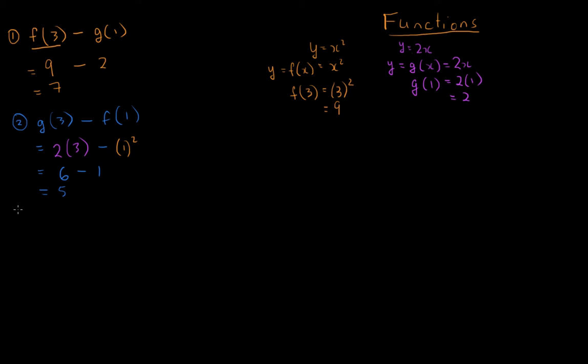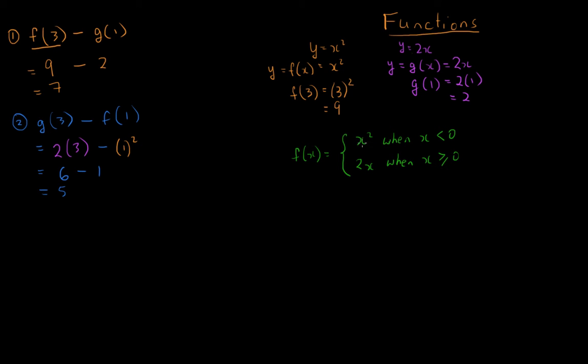So let's think about an example like f of x is equal to x squared when x is less than 0, and it's also equal to 2x when x is bigger than or equal to 0.